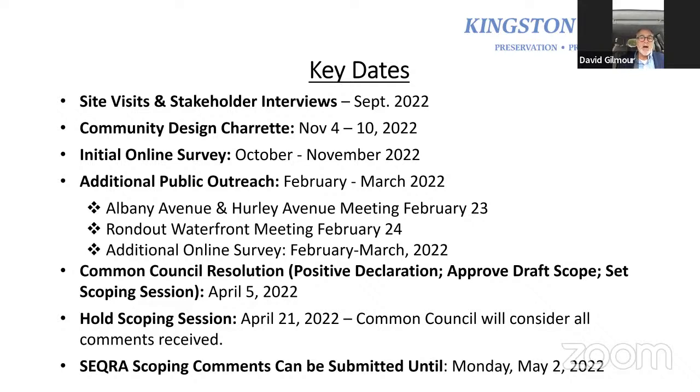Now we're at the point of this scoping session where we're receiving comments on that draft scope, and we would make adjustments based on the comments received and present that scope for consideration and adoption by the Common Council. And then that becomes the tool with which we produce the generic environmental impact statement, that programmatic assessment of how the zoning could affect factors like land use in the community.